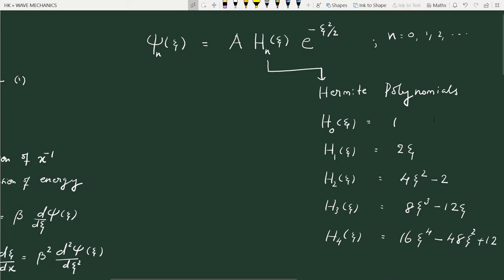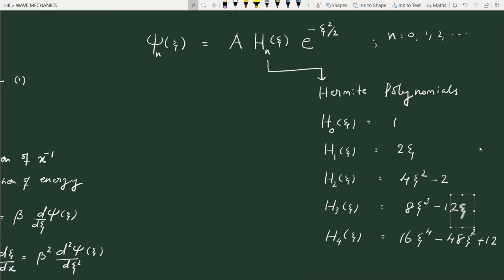For odd values of n, H1 theta contains only theta, and H3 theta contains theta cube and theta. So for odd values of n, this polynomial contains only odd powers of theta. So it's an odd function.